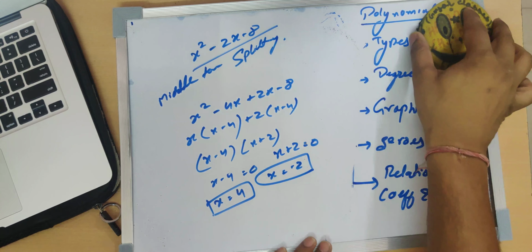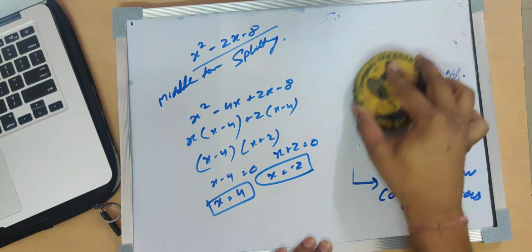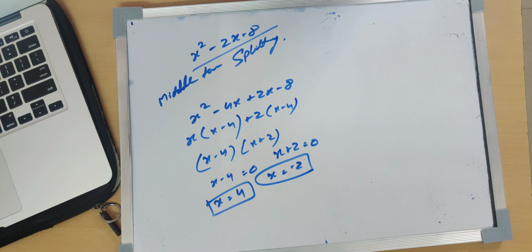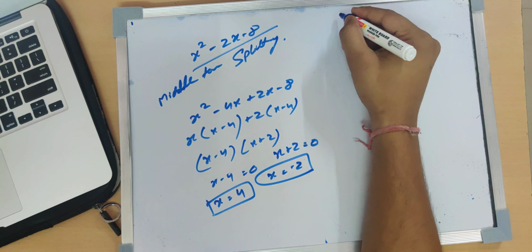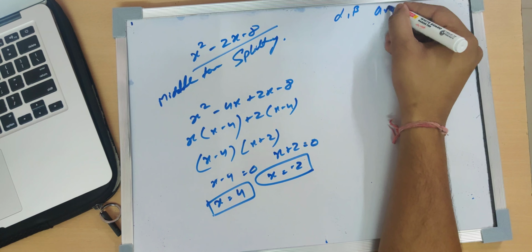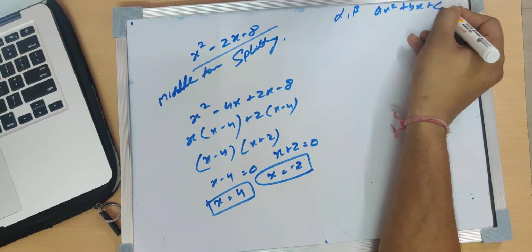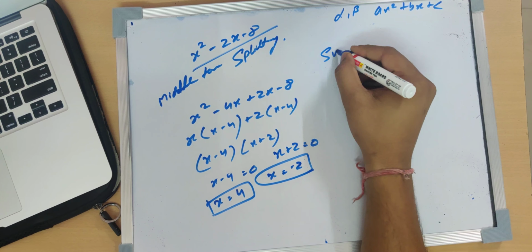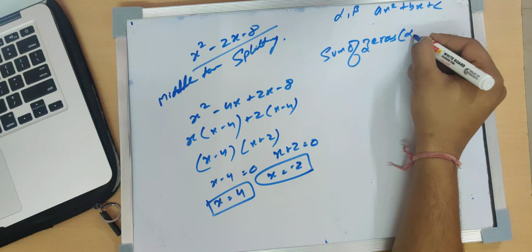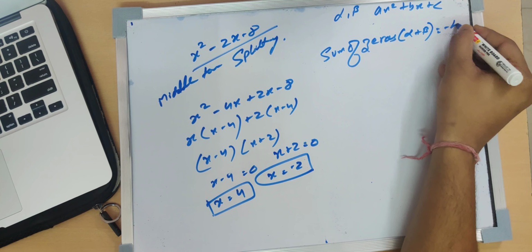Now if we need to set the relation between the zeros and the coefficients, first of all we need to understand what the relation actually means. Relation means here that if we have alpha and beta as the zeros of the polynomial ax square plus bx plus c, then the sum of zeros, that is alpha plus beta, will be equal to minus b by a.